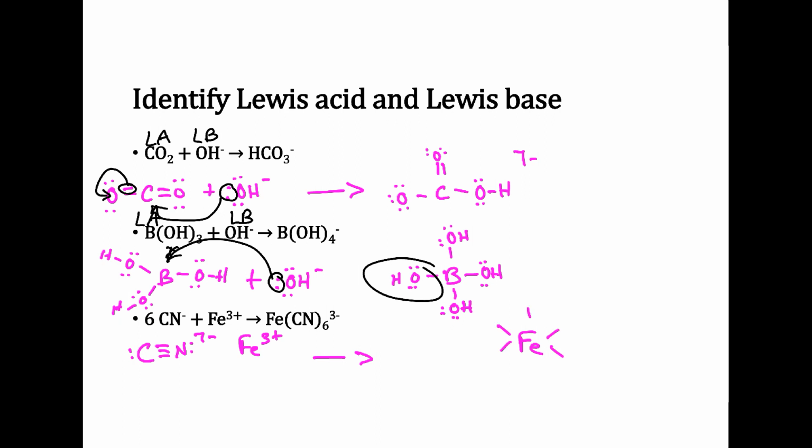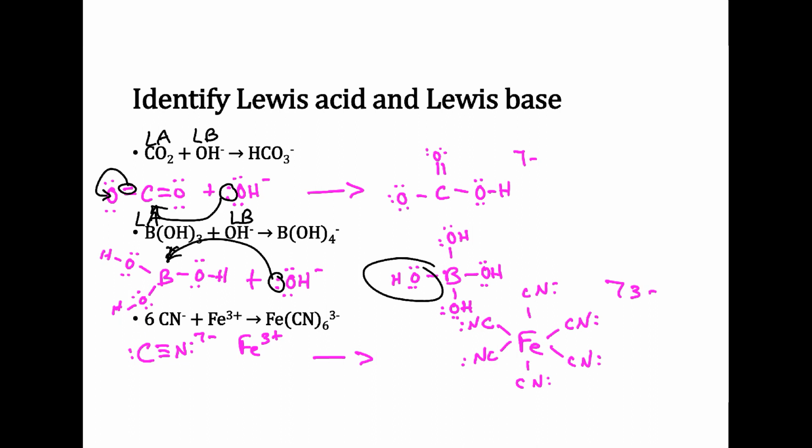It will have an octahedral arrangement with the cyanide. I'm not going to denote the triple bond, and just note that there's a lone pair on all of the nitrogens. Overall, there is a 3- charge.